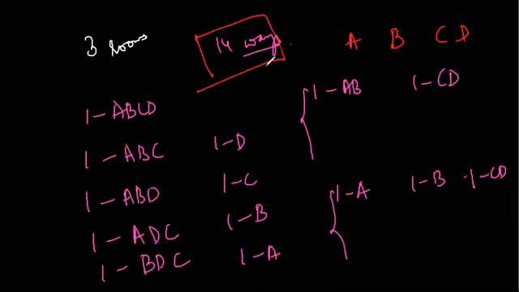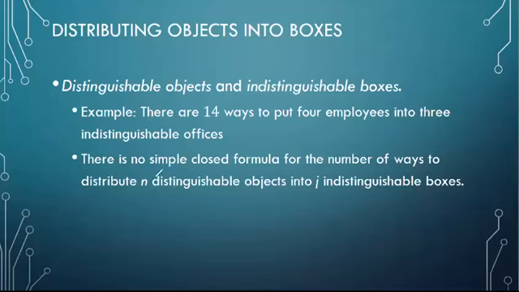You can solve it and you will find the different kinds of ways of putting 4 different employees into the rooms. For this problem, that is the third case, we don't have any formula. You have to solve it in this way only. So there is no simple closed formula for the number of ways to distribute n distinguishable objects into j indistinguishable boxes.